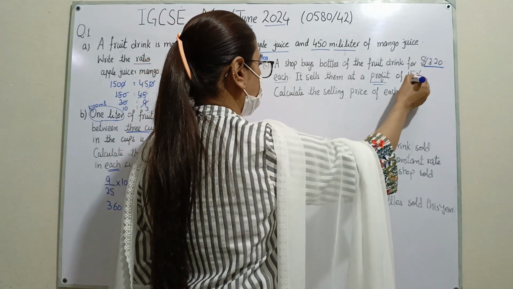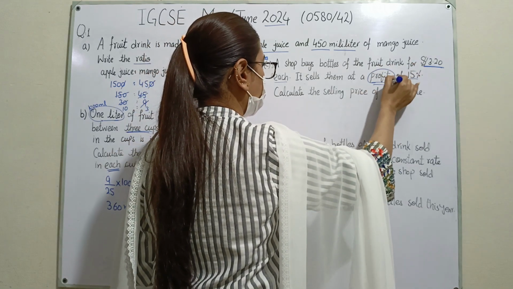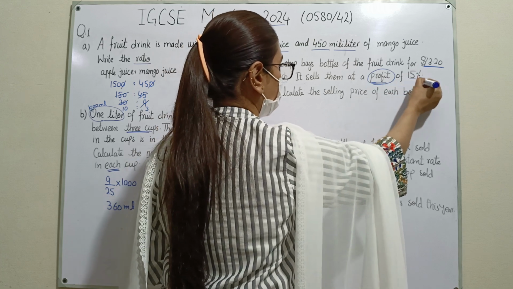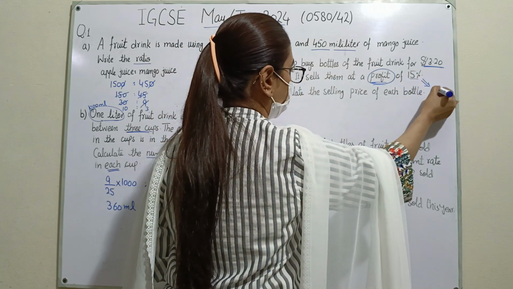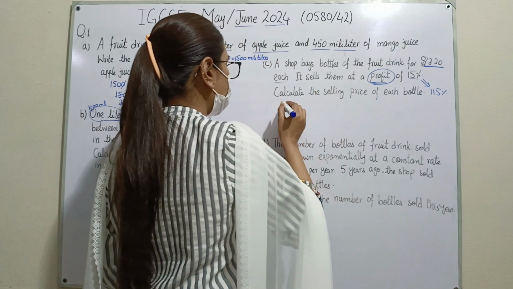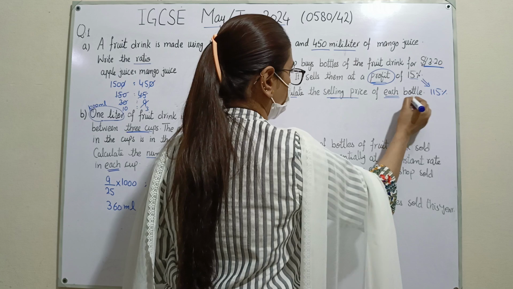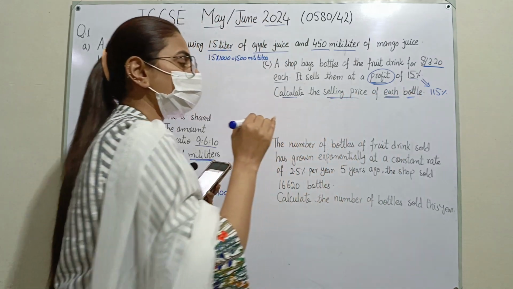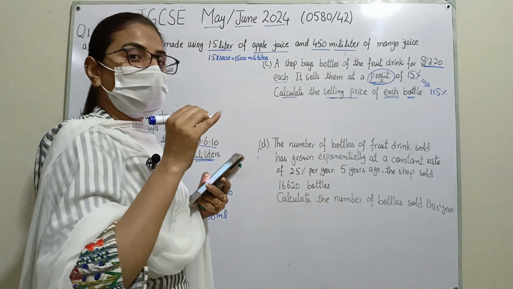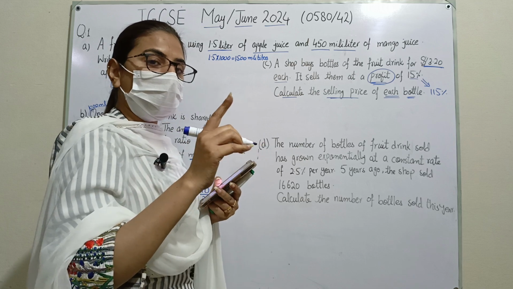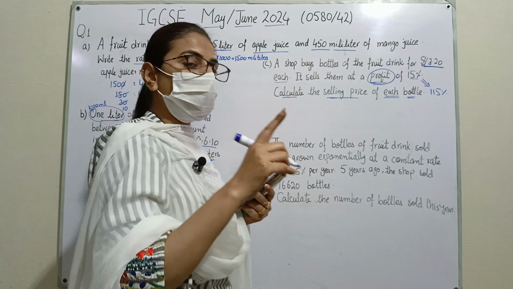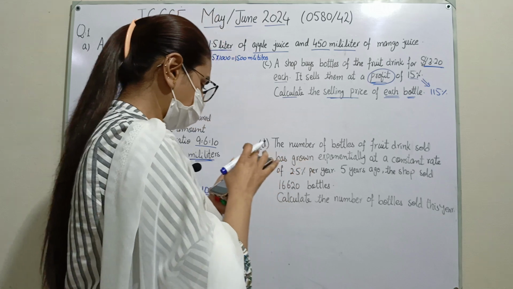Previously it was 100. By gaining a profit of 15%, the total will be 115%. He is asking you to calculate the selling price of each bottle after selling it at a profit of 15%.